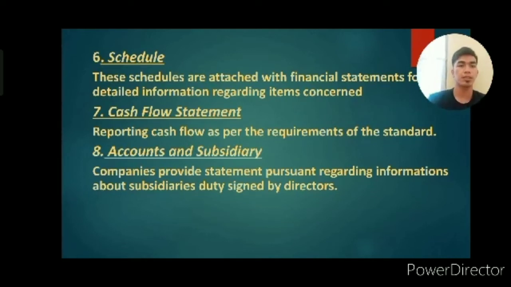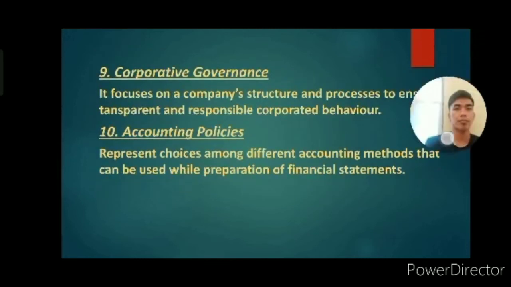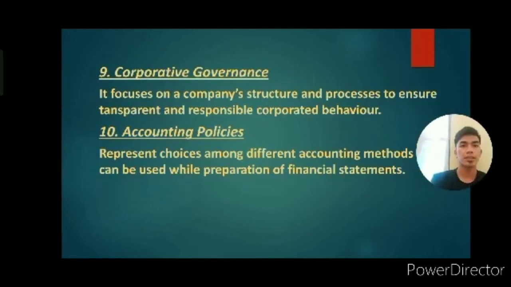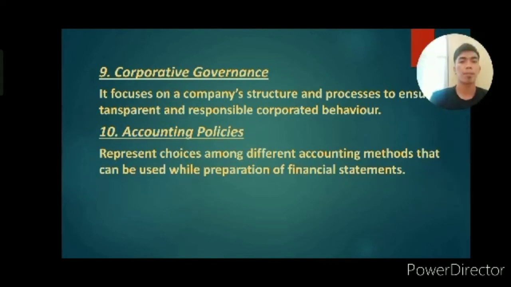Companies provide a statement pursuant to regulations regarding information about subsidiaries, signed by directors. Corporate governance focuses on the company's structure and processes to ensure transparent and responsible corporate behavior. Accounting policies represent choices among different accounting methods that can be used in the preparation of financial statements.